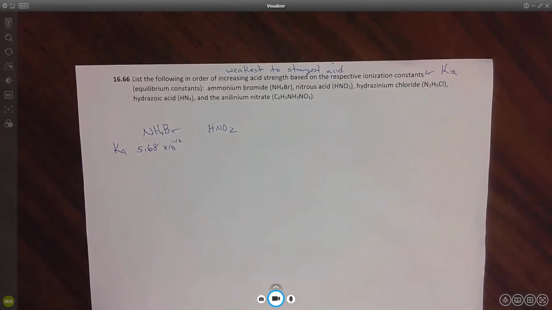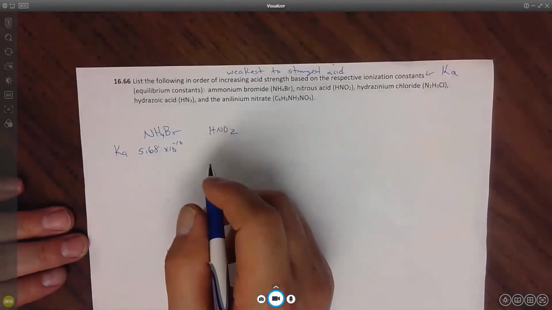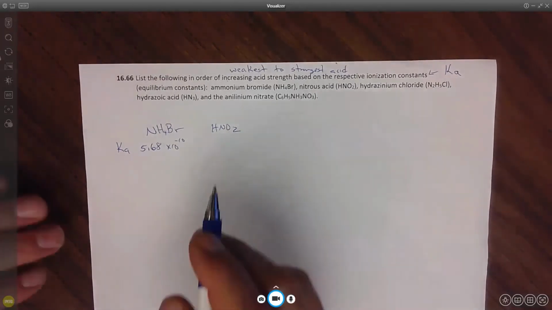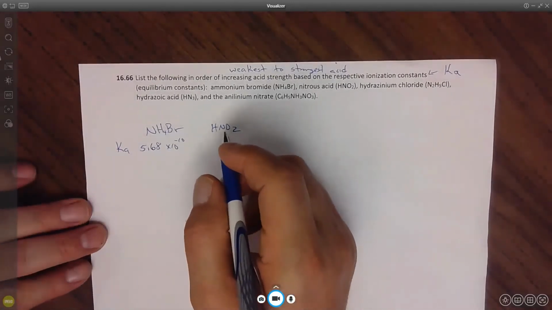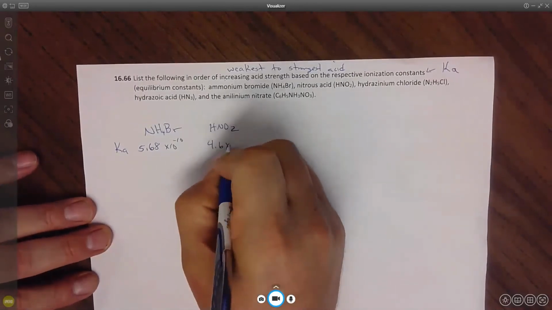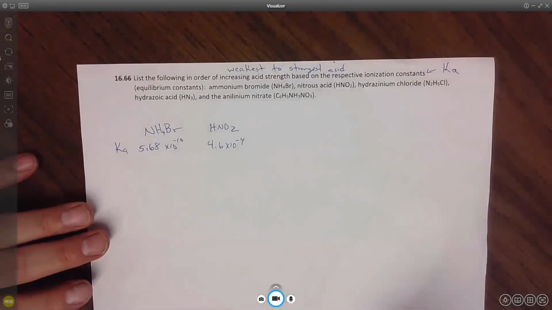Since it's an acid, would you just look it up in a table? Exactly right. It's already an acid, so I'm just going to look up the Ka value in the table. The acids are already going to be listed. So that's nitrous acid, and it has a Ka of 4.6 times 10 to the negative 4.